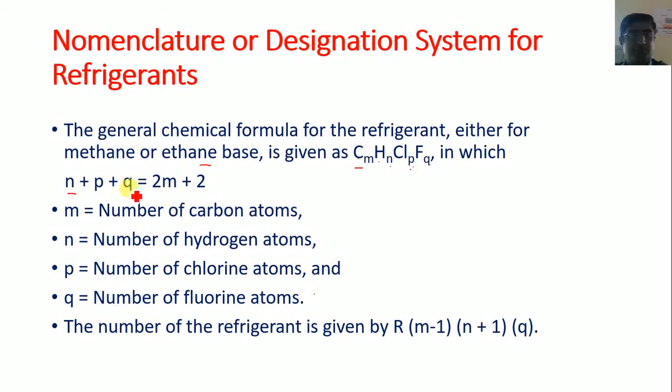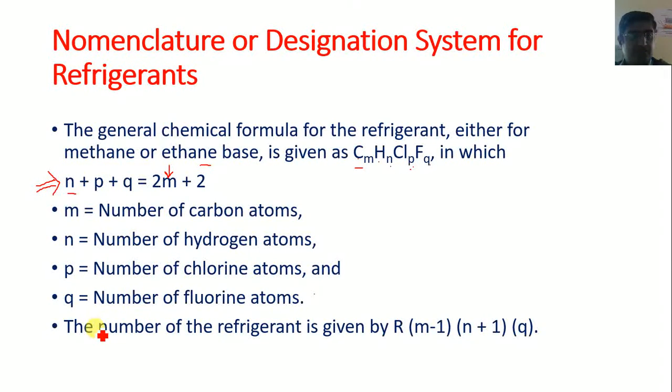So if you have the values of n, p and q, then you can easily find the value of m, which is the number of carbon atoms, by using this formula.